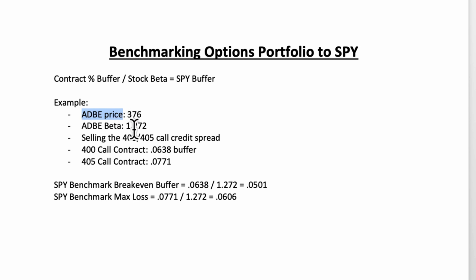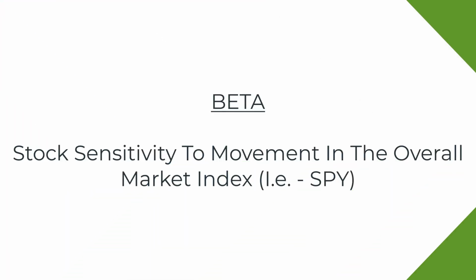Adobe's beta is 1.272. A quick note on beta. Beta, if you're not familiar, is the stock's sensitivity to movements in the overall index. Beta is usually benchmarked to the SPY. So when you're looking at beta, most beta figures, unless they're otherwise noted, are giving you a 5-year sensitivity.